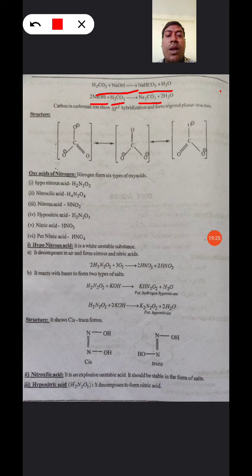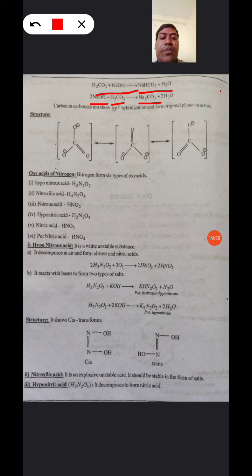So here carbon in the carbonate ion shows sp2 hybridization and it has a trigonal planar structure.